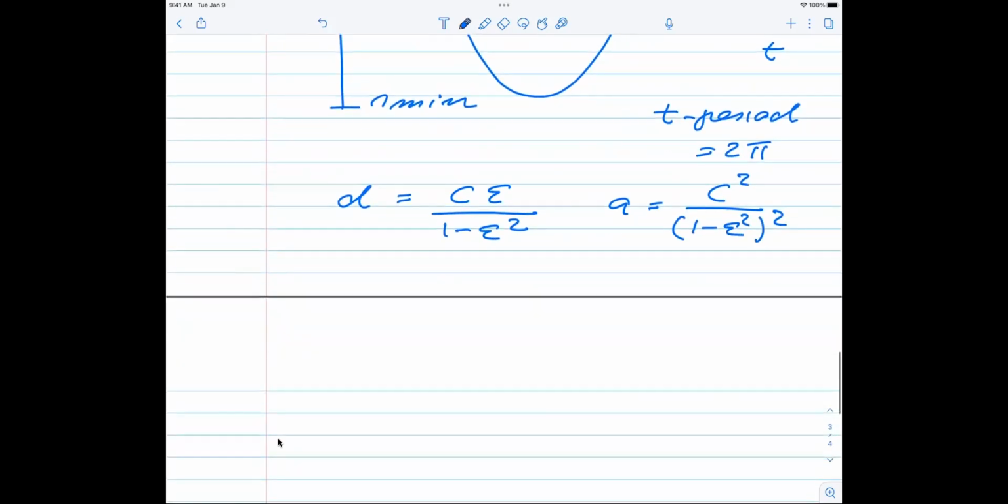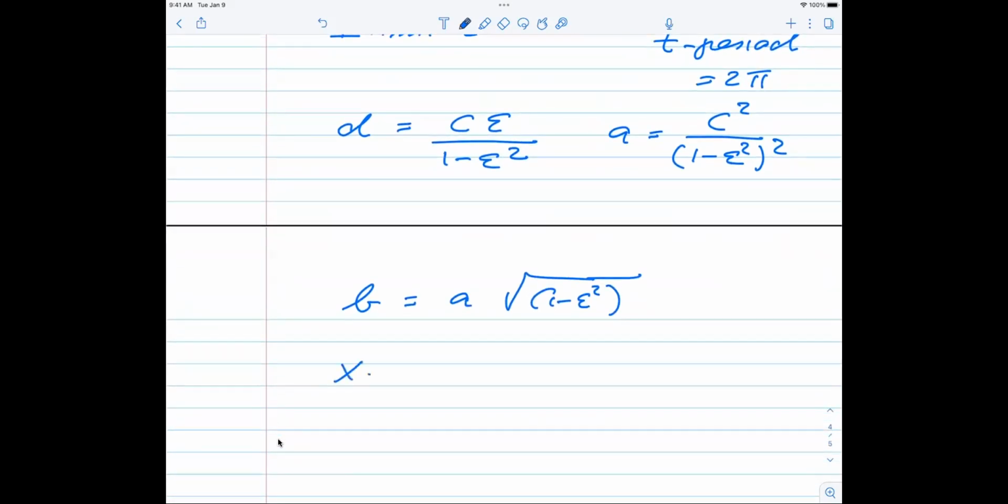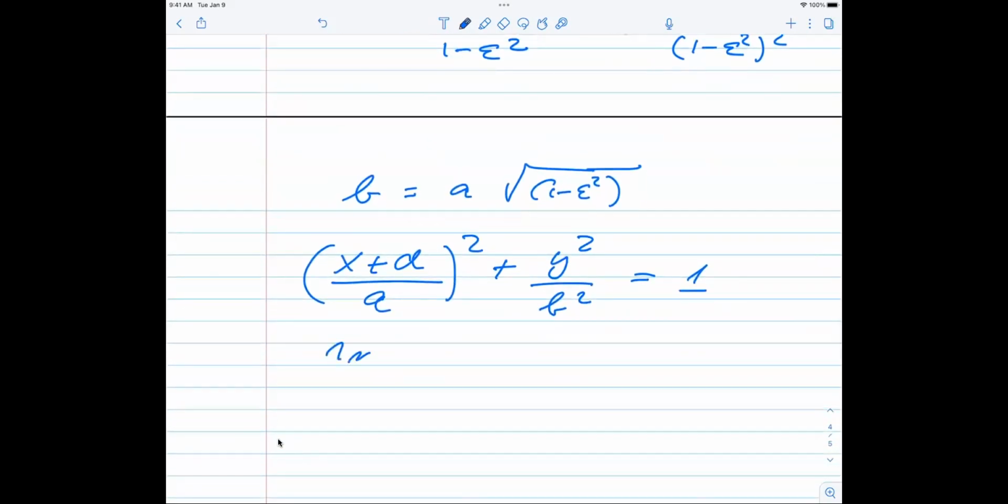So we define these constants, B, which is equal to A times the square root of 1 minus epsilon squared. And what we could find then is that we had a typical equation for an elliptical motion, X squared divided by A squared plus Y squared divided by B squared, and this is equal to 1. And we showed also on Friday that this R max is the same as this constant A plus this constant D.